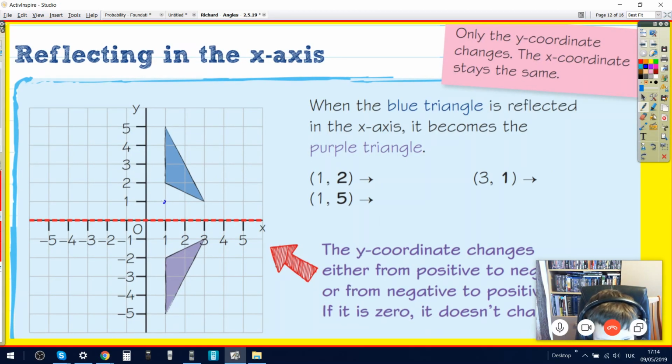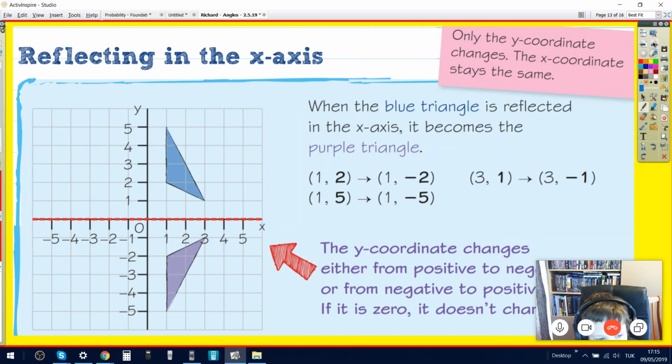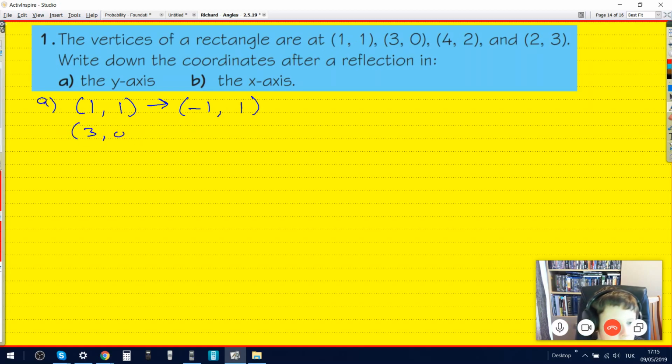So 1, 1 is here. And if it was a reflection in the y, where would it be? It would be -1, 1. Oh yeah, okay. So only the sign changes. So how about 3, 0?